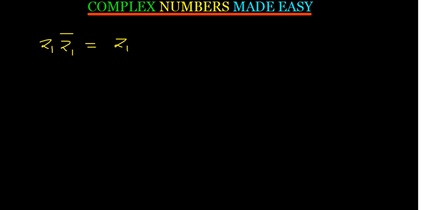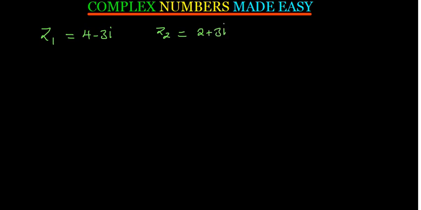Let's say we have been given z1 as 4 minus 3i, and z2 as, let's say, 2 plus 3i.